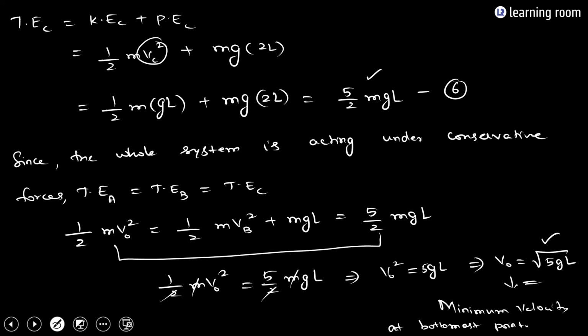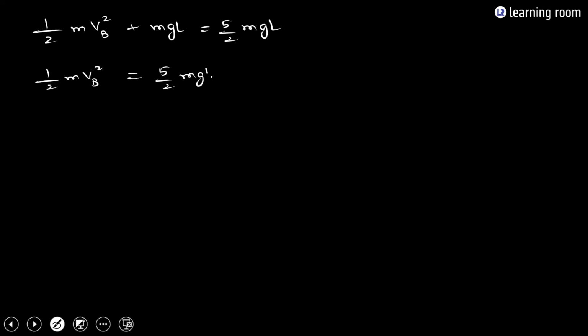Clear? Now, if I take the second term and the last term, that is half m vb square plus mgl is equal to 5 by 2 times mgl, then we get half m vb square is equal to 5 by 2 mgl minus mg into L. That will be 3 by 2 times mg into L. So 2 and 2 will get cancelled, m is gone.